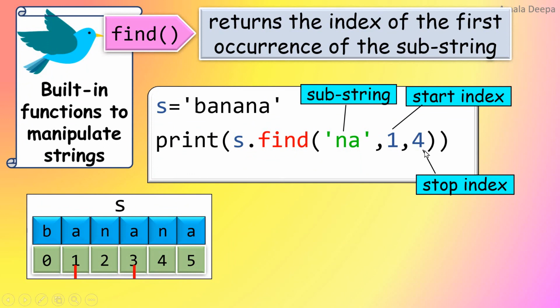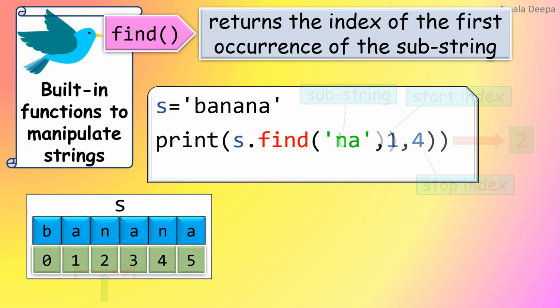So in the parameter, you have given 4, means in the array you should take as 3. So you have to look for the substring NA in the range 1 to 3. In this range, whether it is found or not. Yes, NA is found. The substring is found here in index position 2. So this print function will give the output as 2.